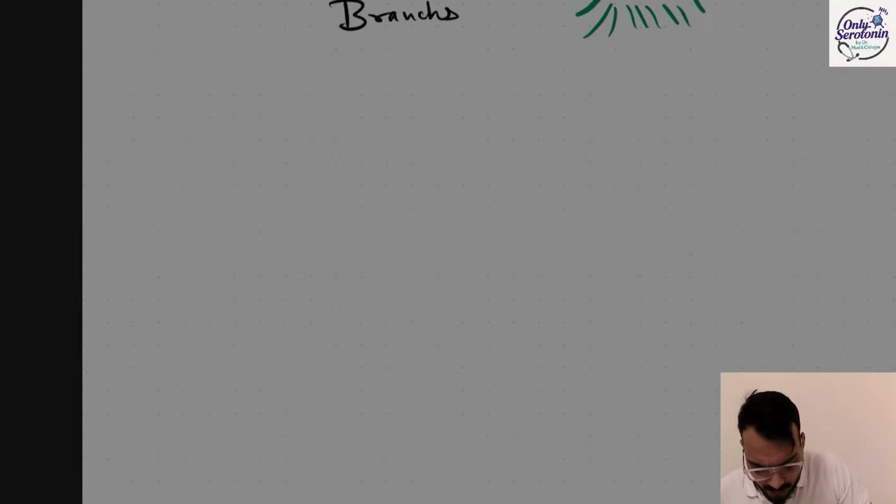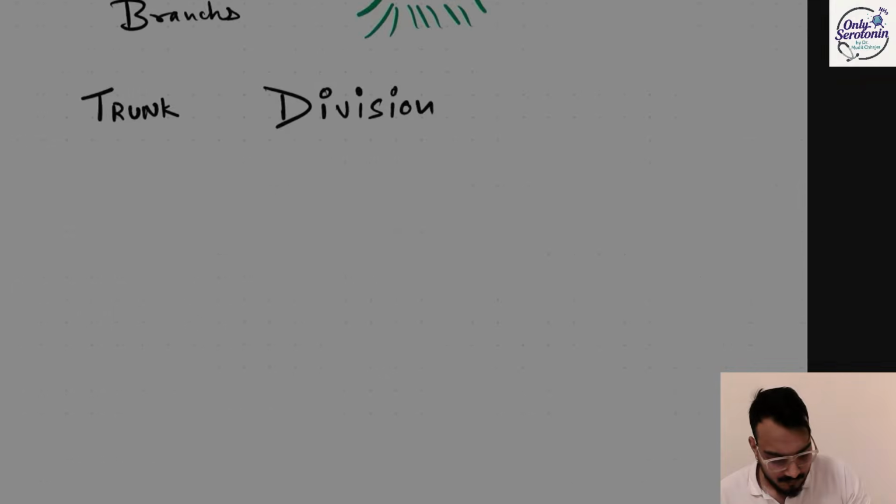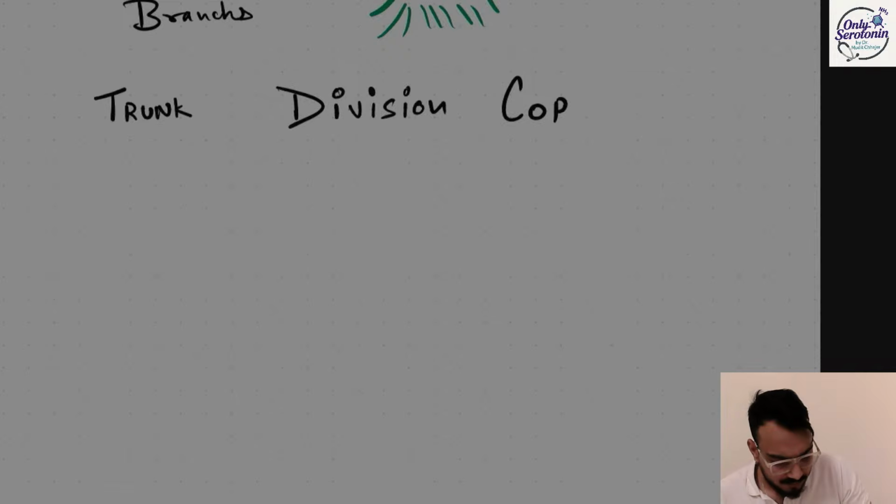First of all, we write these 5 parts: roots, then trunk, then divisions, then cords, and branches.